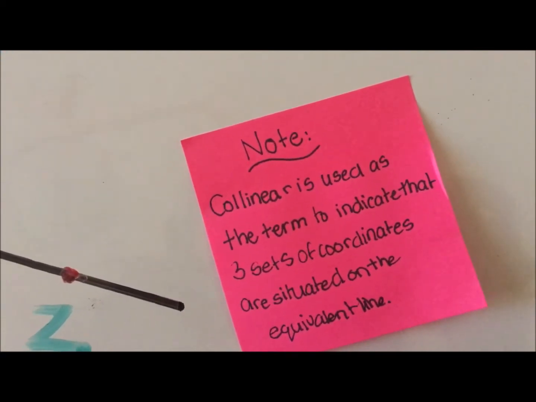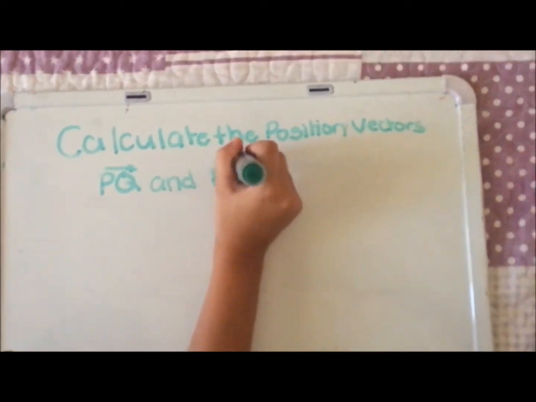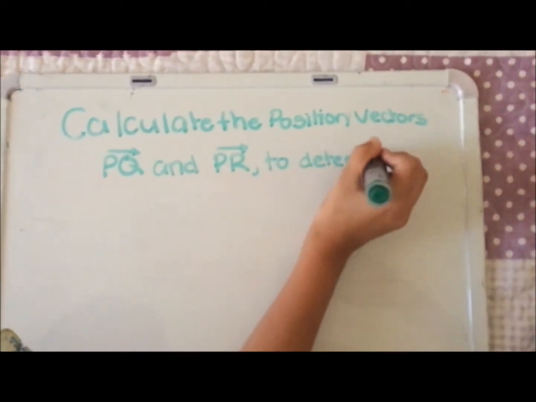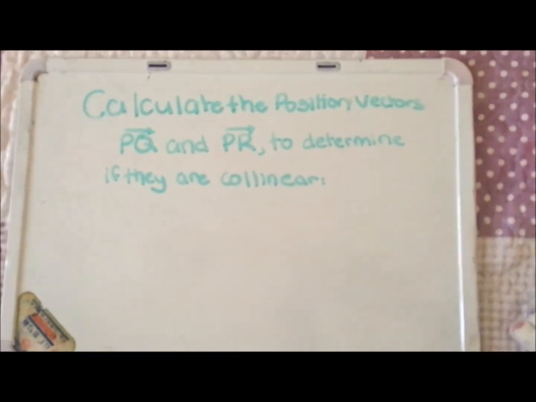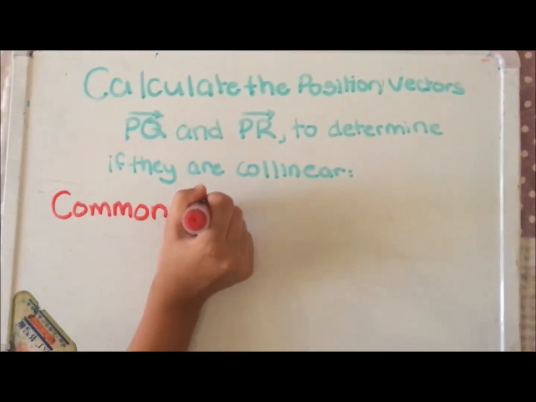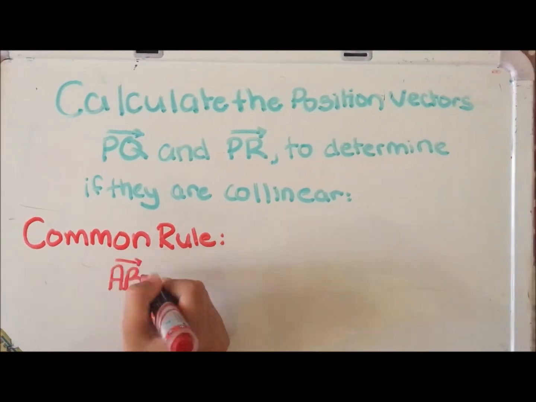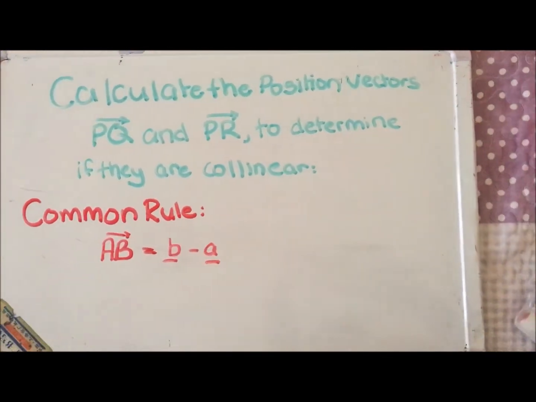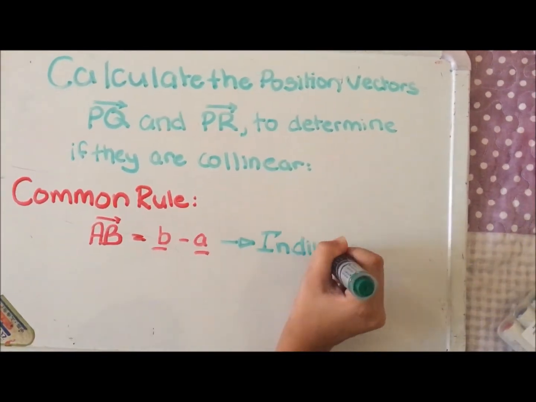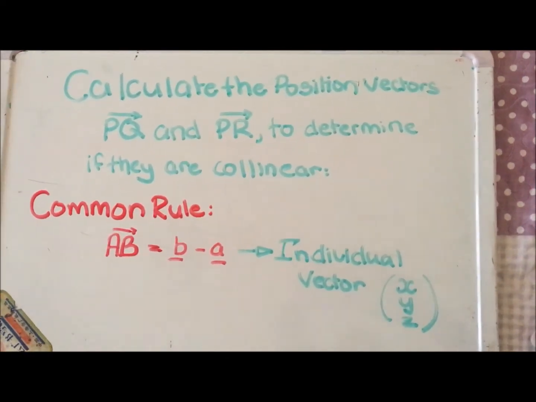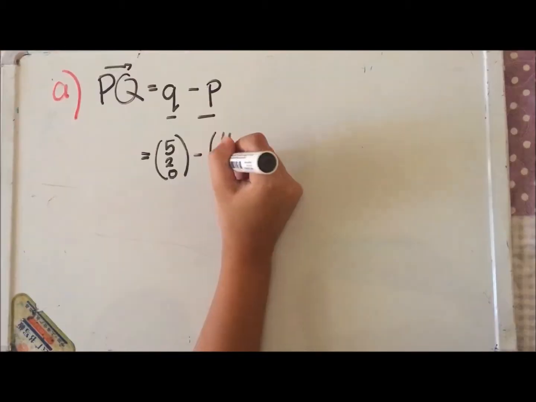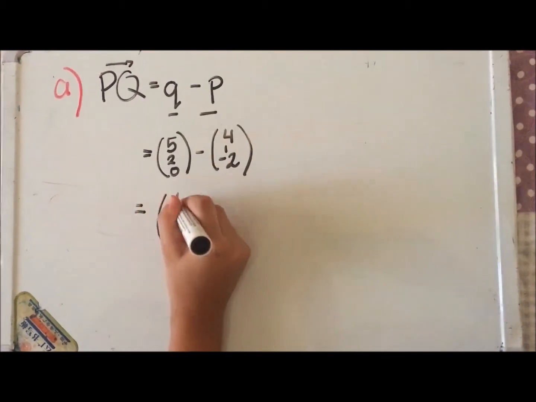With this concept in mind, let us calculate the position vectors, mainly for points P and Q, and points P and R, to indicate whether the points have a common multiple. Hence, with the application of the general rule for the calculation of position vectors, AB equals B minus A, this could be modified to PQ equals Q minus P, where the subtraction of the individual vectors is equal to the vector (1, 1, 2).